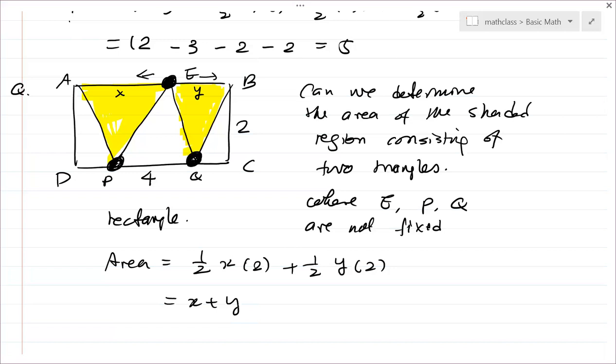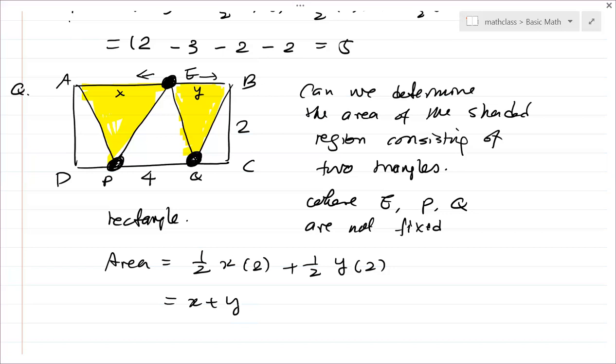But clearly, right now, it depends on X and Y. The individual values of X and Y can change. What about the sum? The sum is not changed, right? Because that gives the length of the rectangle.